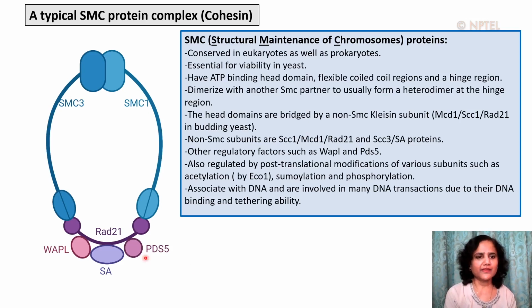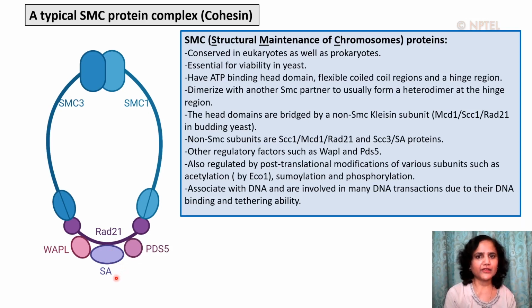The head domains of these two SMC proteins are bridged by a non-SMC kleisin subunit, which is called MCD1 or SCC1 or even RAD21 in budding yeast. Non-SMC subunits here are of course SCC1, MCD1 or RAD21, this kleisin subunit, and also the SCC3 or SA proteins.